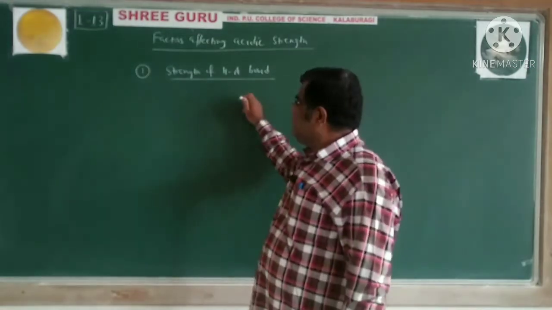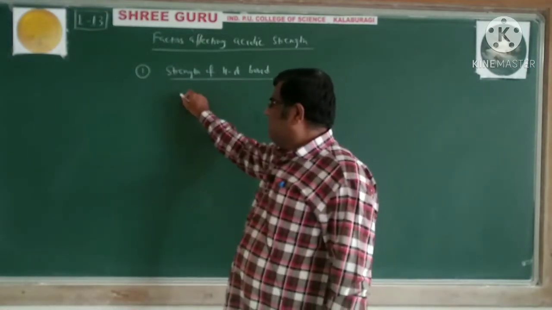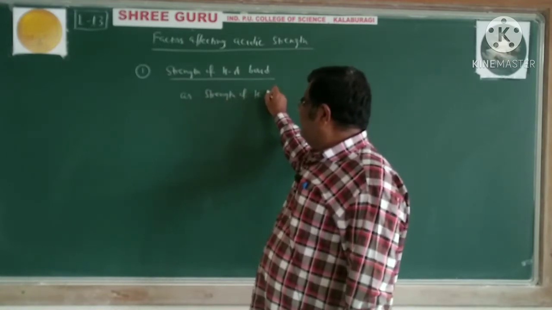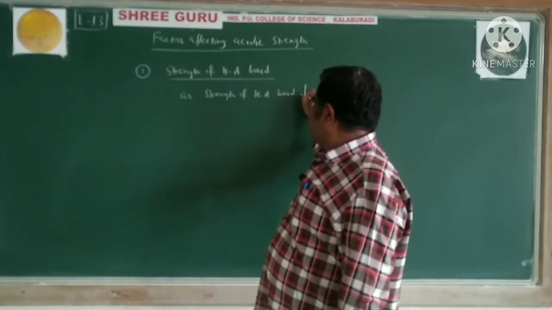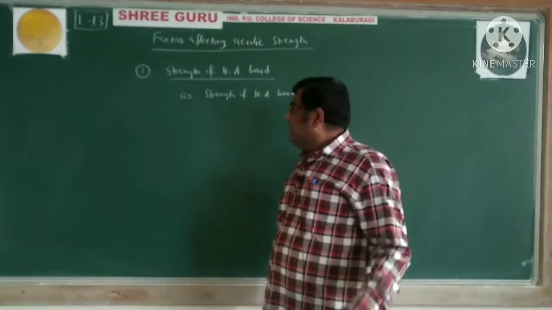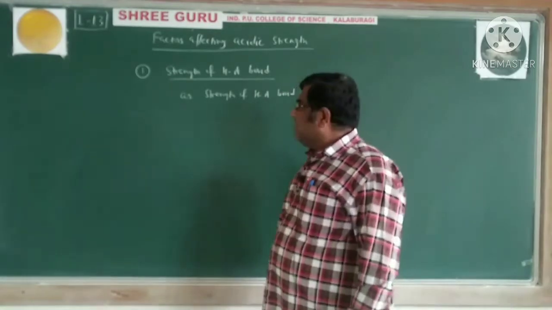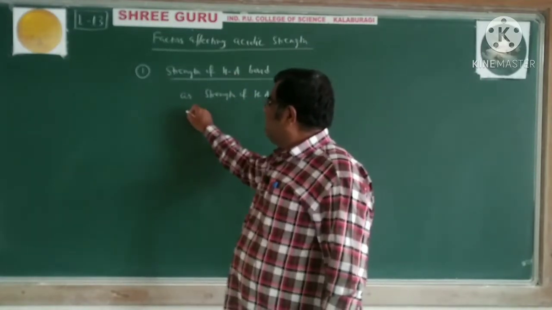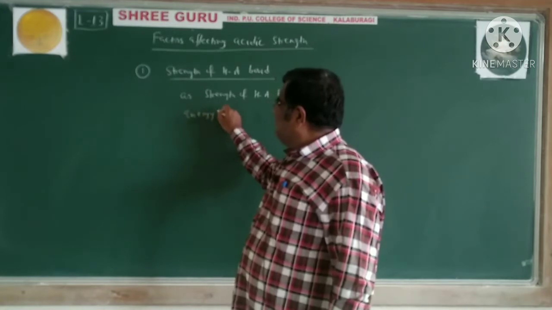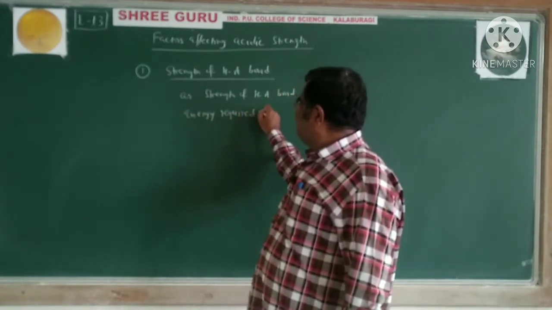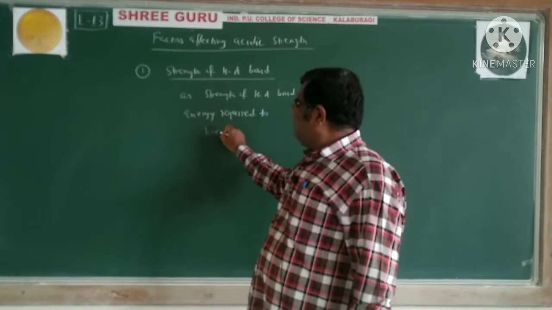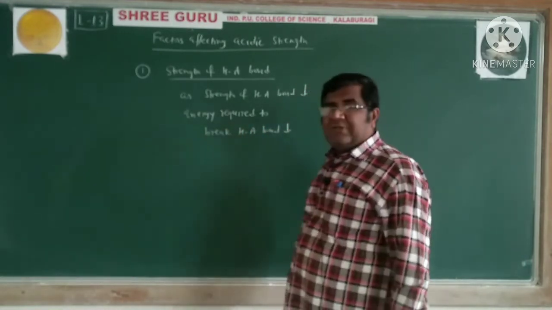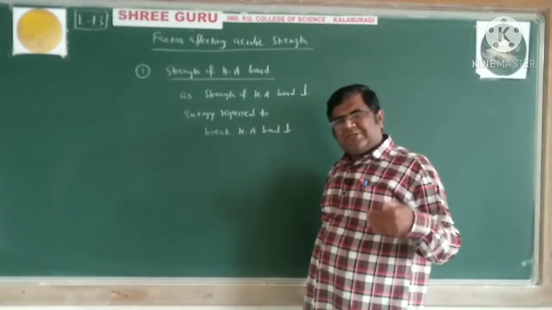Now, if the strength of the HA bond decreases, the energy required to break the HA bond also decreases. Low and low energy is required.